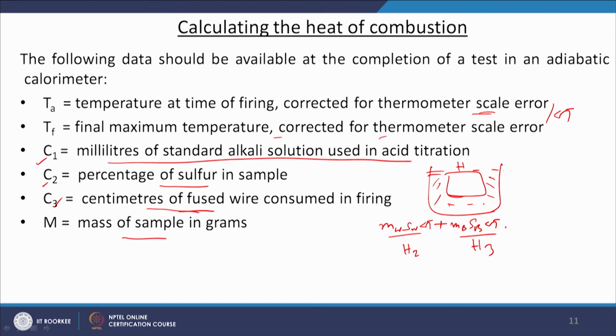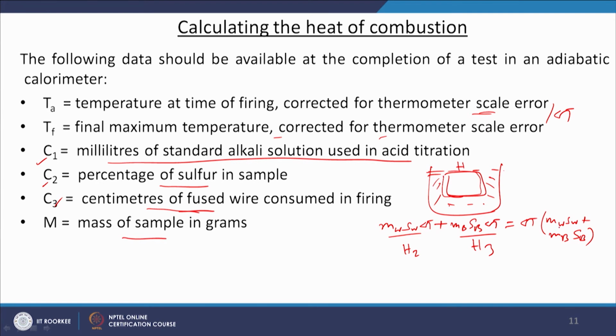So, we can get the total heat taken up, which is equal to del T, which is common, times mW into SW plus mB into SB. For a particular bomb calorimeter, these materials are fixed, their material of construction and size are fixed, and the bomb volume is also fixed.